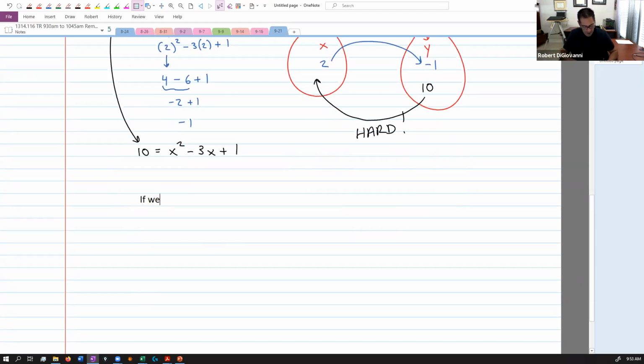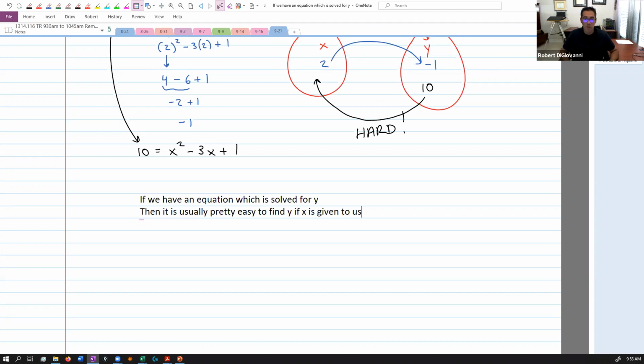If we have an equation which is solved for y, then it is usually pretty easy to find y if x is given to us. Right? That's basically in words what I've just tried to demonstrate to you.